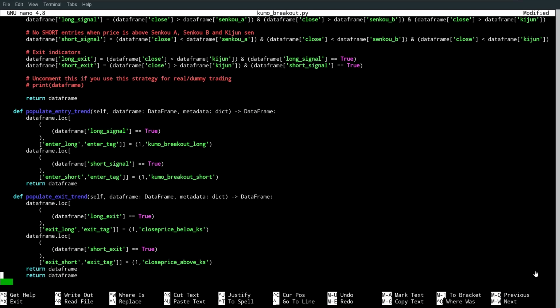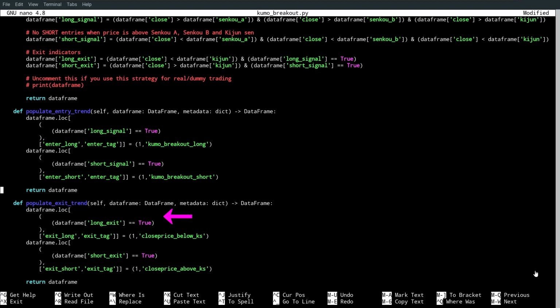And to exit trades, I'm going to adjust the exit trend function so that it exits longs when the price closes below the Kijun-sen. And also short trades will be exited when the close price closes above the Kijun-sen. All according to the strategy and its pseudocode.